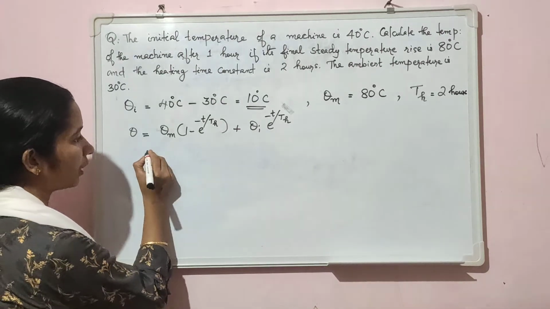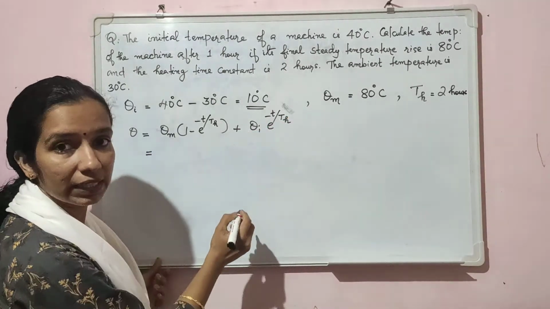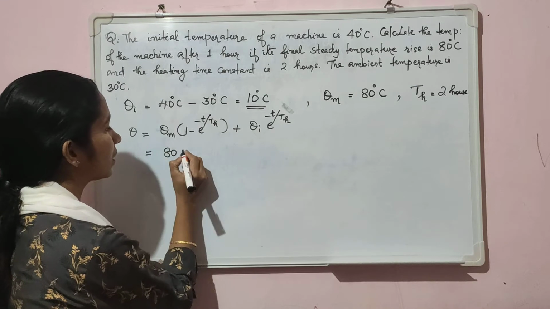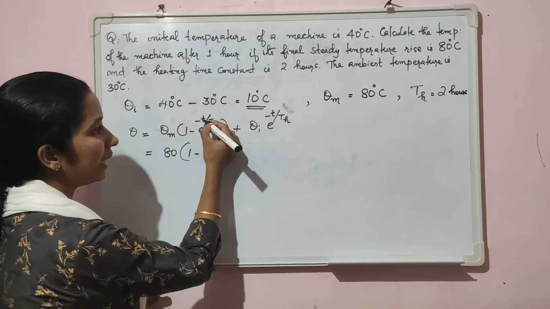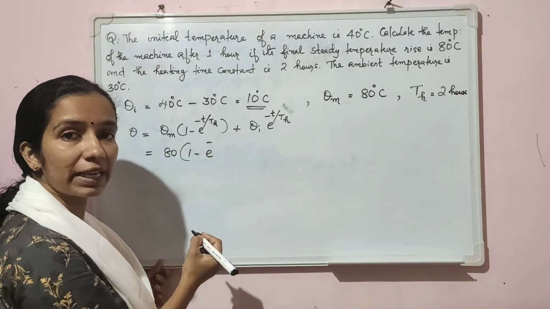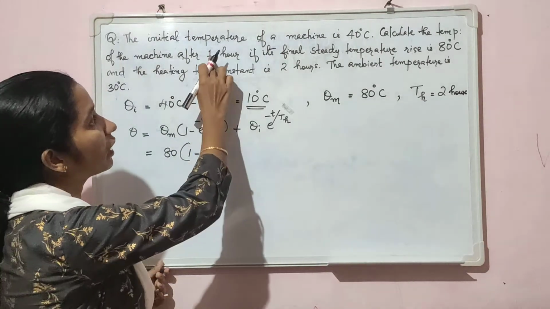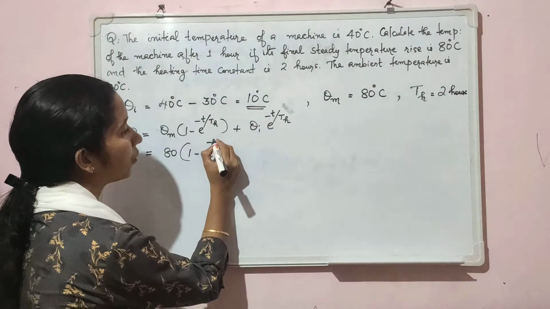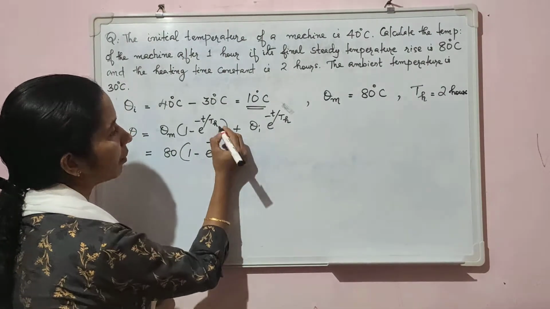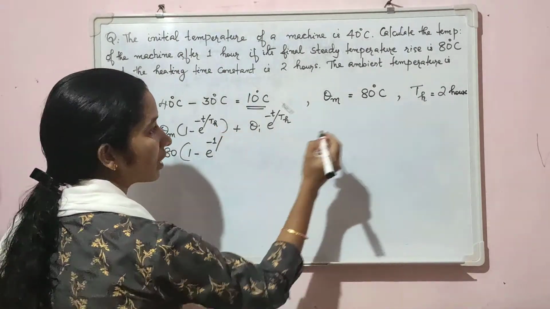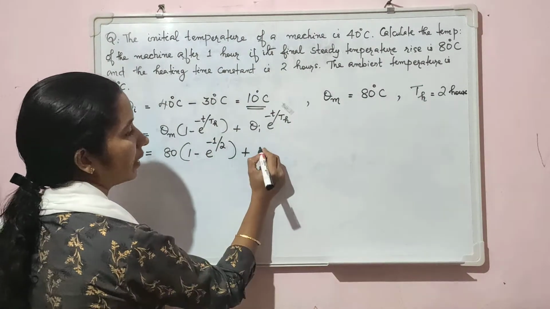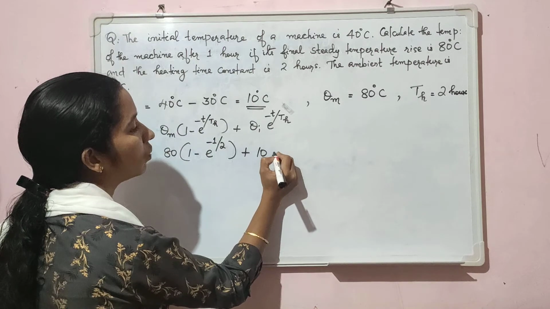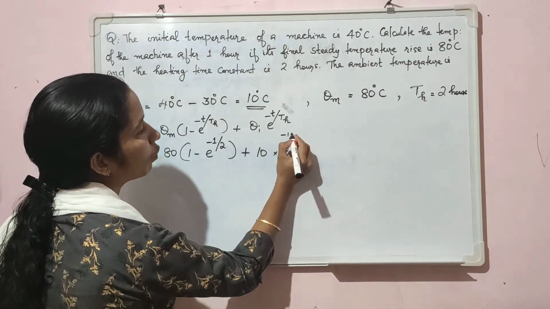So let us substitute the values. So we have theta m as 80 degrees Celsius. So 80 into 1 minus e raised to minus t. So substitute t as 1 divided by th. The heating time constant is 2 hours, plus theta I, 10 degrees Celsius, into e raised to minus 1 by 2.